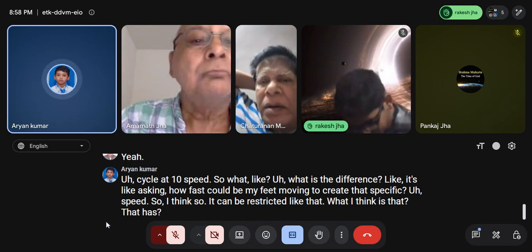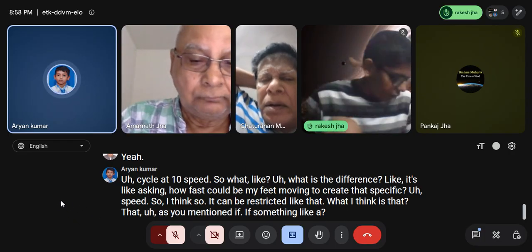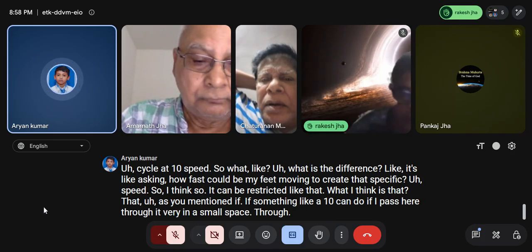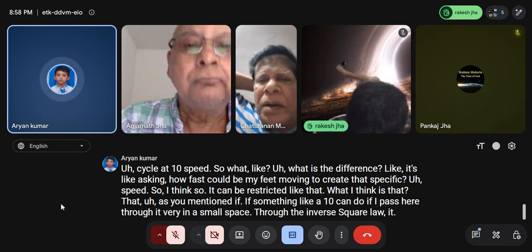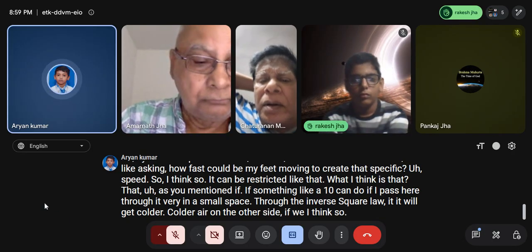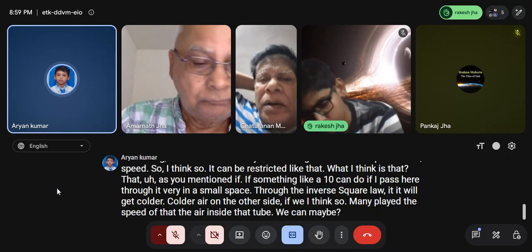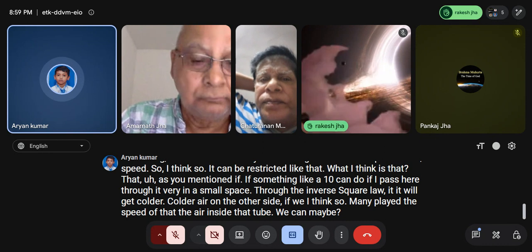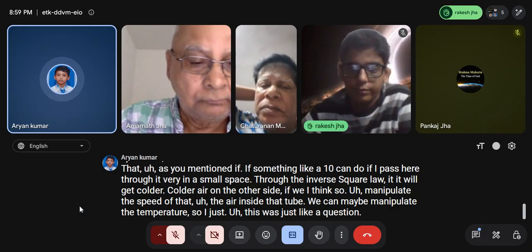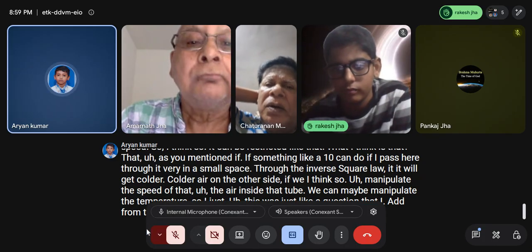As you mentioned, if I pass air through a very thin tube in a small space, through the inverse square law, it will get colder air on the other side. If we manipulate the speed of the air inside that tube, we can maybe manipulate the temperature. This was just a question I had from the previous week, but I couldn't answer it, so I told it here.